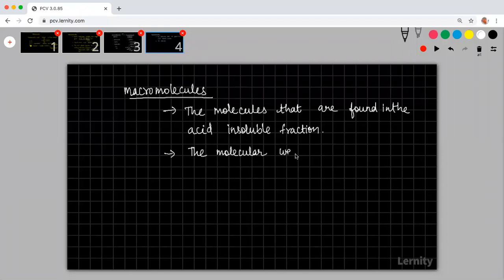The molecular weight ranges around 10,000 Daltons or above. Okay.